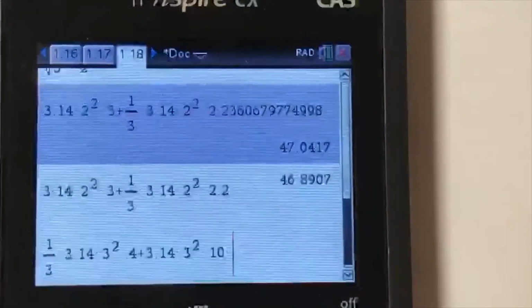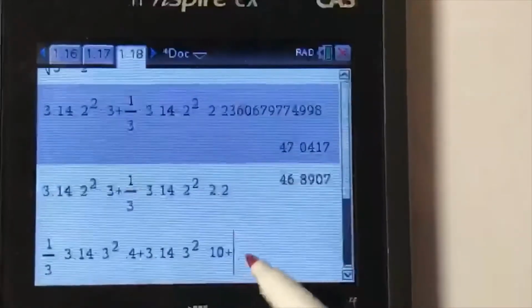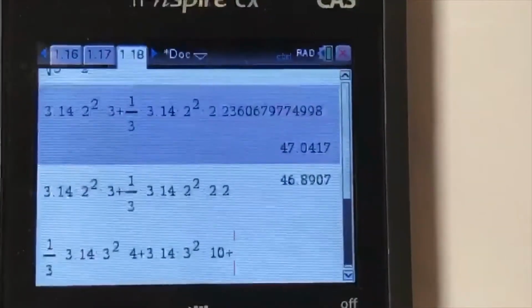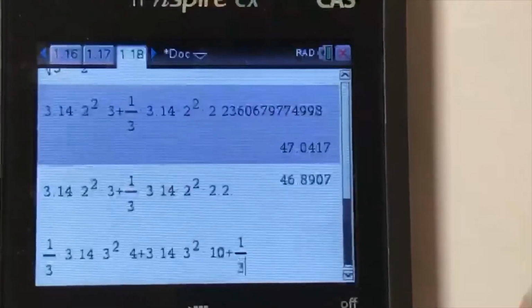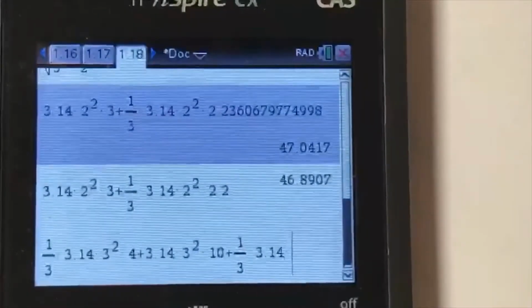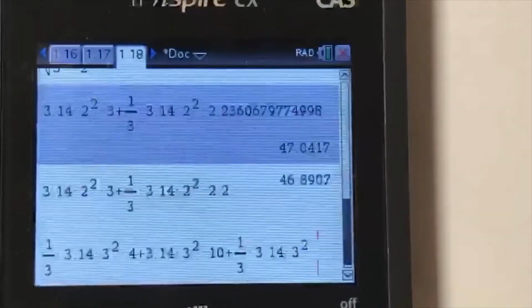I'm just looking at my formula that I wrote down. So plus, now I'm at the second cone. 1/3 times 3.14 times 3 squared times 4.